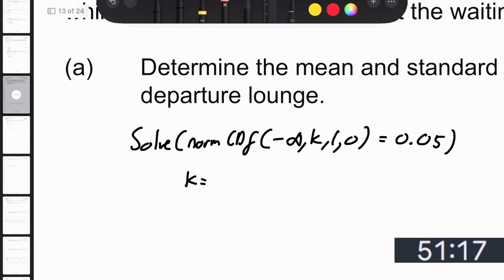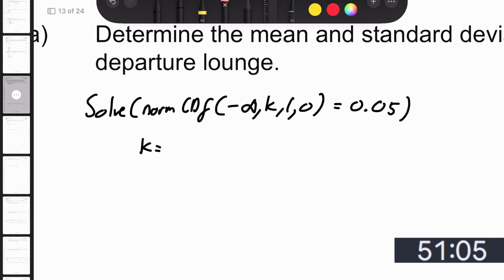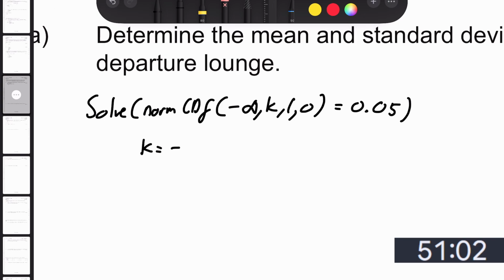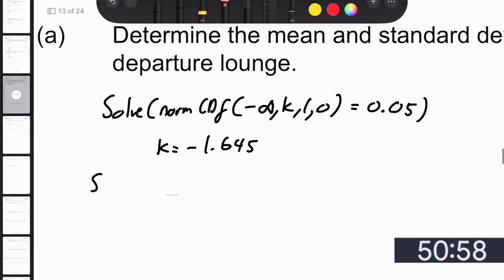It's going to give the same value, but it's alright. So solve continuous norm CDF. So solve norm CDF negative infinity to x of 1, 0, 0.05. And this is k is negative 1.645. Oh, I probably could have got that. That's alright though.